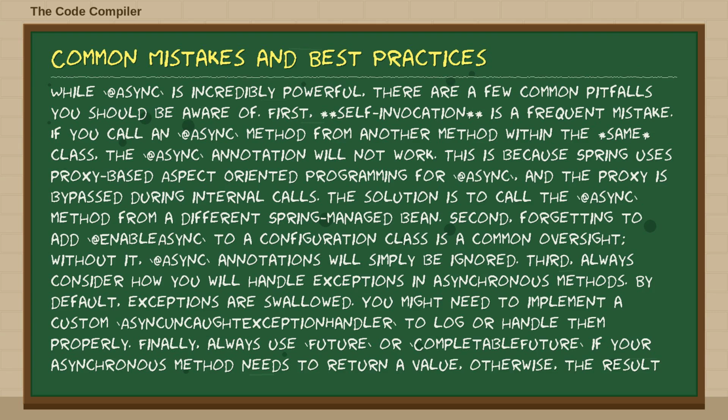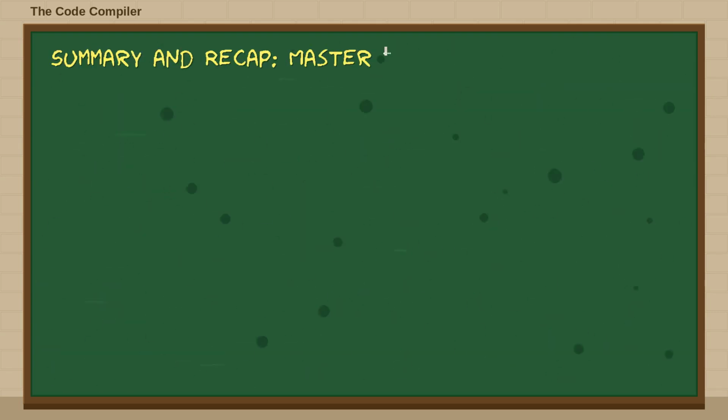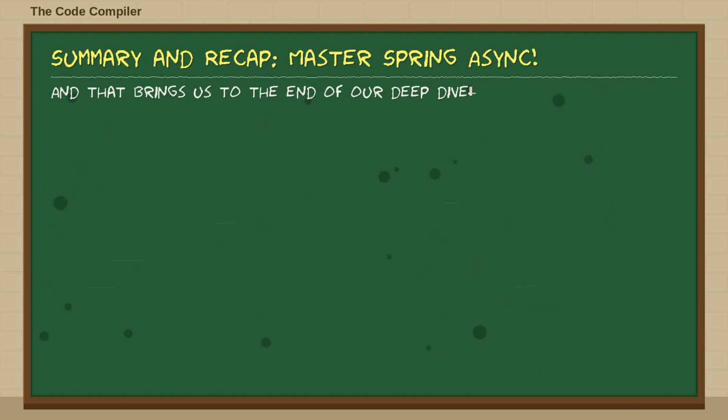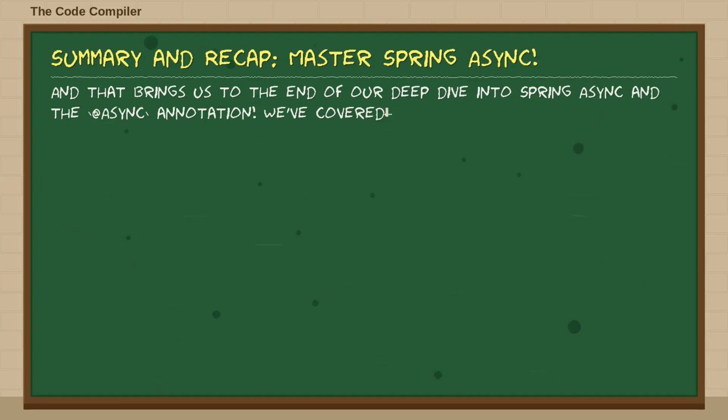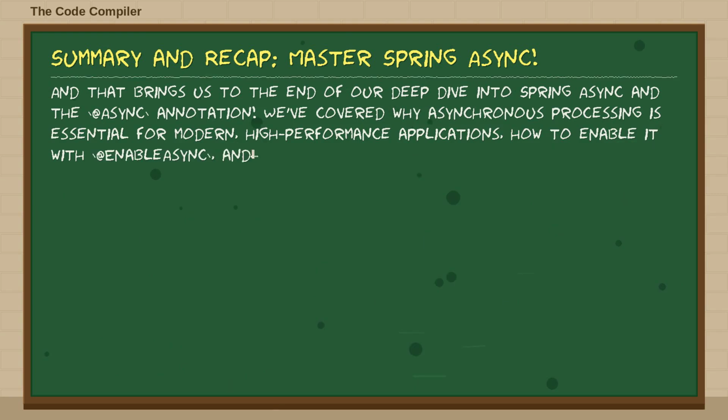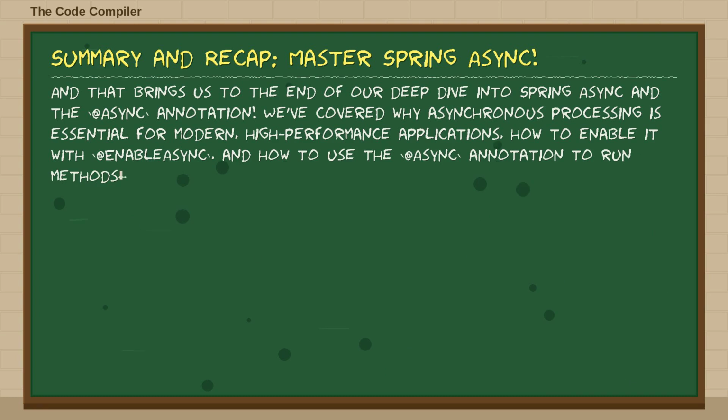be lost. And that brings us to the end of our deep dive into Spring Async and the @Async annotation. We've covered why asynchronous processing is essential for modern, high-performance applications, how to enable it with @EnableAsync, and how to use the @Async annotation to run methods in separate threads.